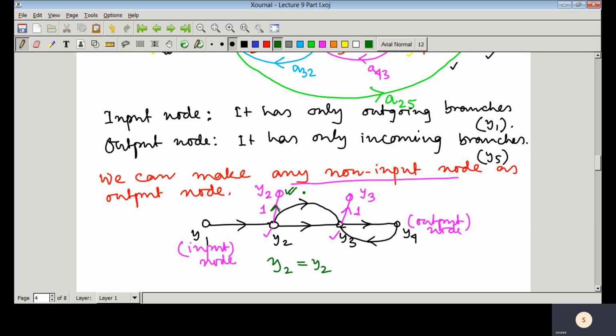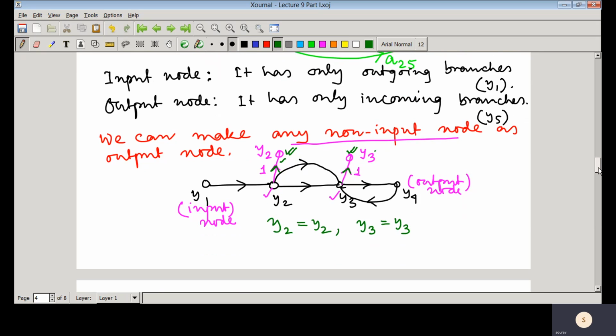So we can say that this is the output node because it has only the incoming branch. Similarly, we can write that Y3 equal to Y3 according to the signal flow algebra. So this is the node where you have only an incoming branch, so that would be one output node. That's why this is the statement: we can make any non-input node as output node.